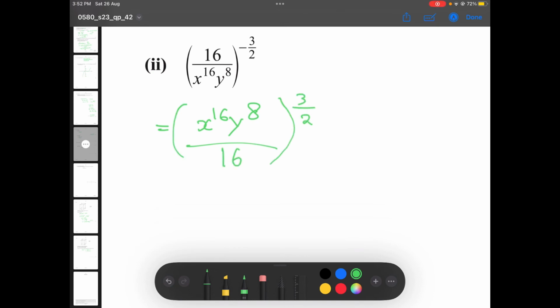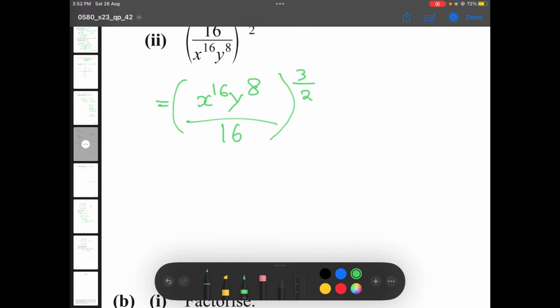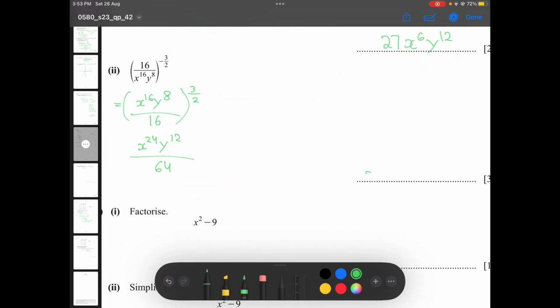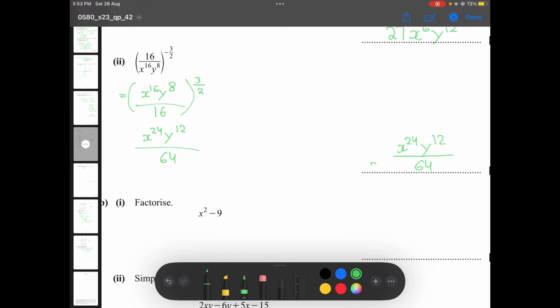Now what is 16 into 3 over 2? 3 over 2 is 1.5, so 16 into 1.5 is 24. So x raised to 24, y raised to 8 into 1.5, which is 12, and 16 raised to 1.5 is 64. So this is going to be the answer for this part: x raised to 24, y raised to 12, divided by 64.